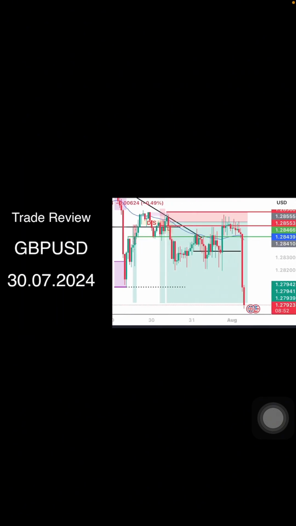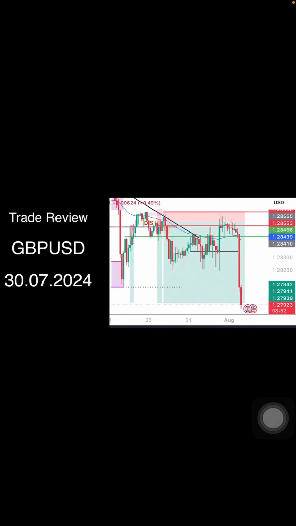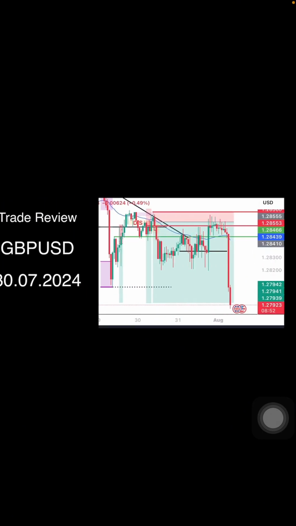So starting on the 30th of July 2024, we had this setup which ended up hitting my break-even point, then going right to my take profit, but I don't have the MT4 version. We even hit break-even, so it doesn't matter.